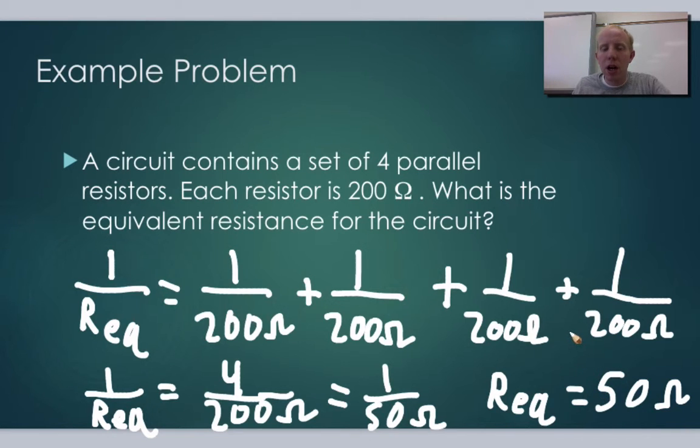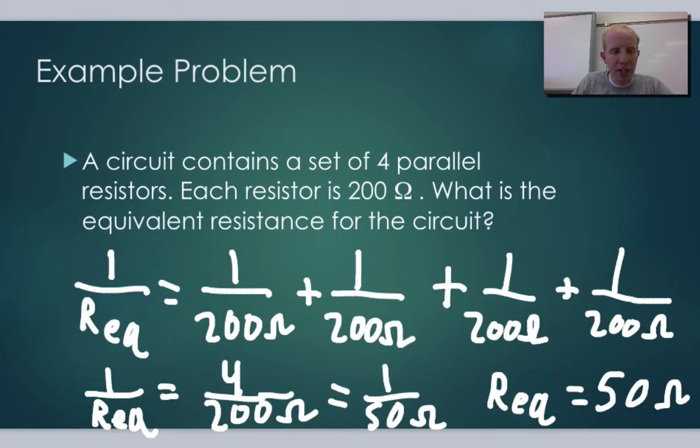It turns out it can be nice in certain cases because you may need exactly 150 ohms of resistance, but you only have 100 ohm resistors. So you can put some in parallel and some in series so that you can get the resistance values that you want. This is more for design's sake, where you're trying to get a specific resistor value.